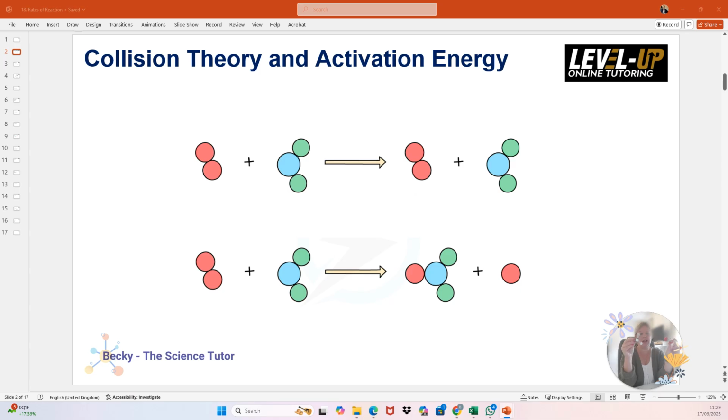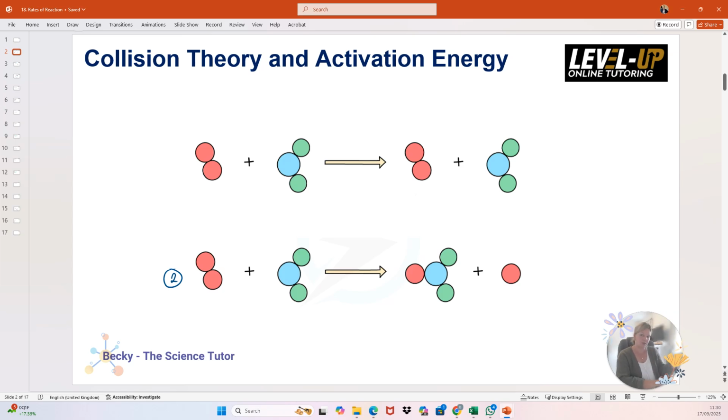Because what could happen is these particles could simply collide and just bounce back off one another and nothing happens. So in scenario 2 that you can see at the bottom, we've got different products to the reactants that we put in. That means that one, they must have collided, and two, they must have collided with enough energy for that reaction to happen.